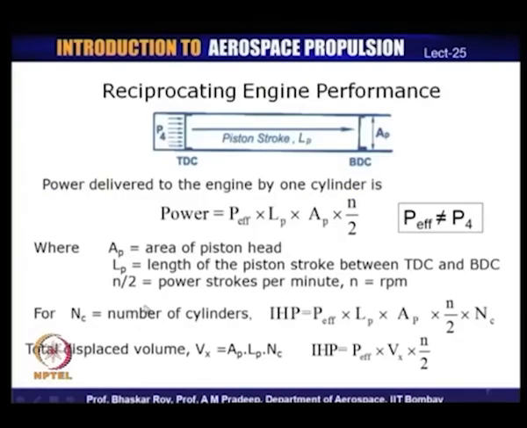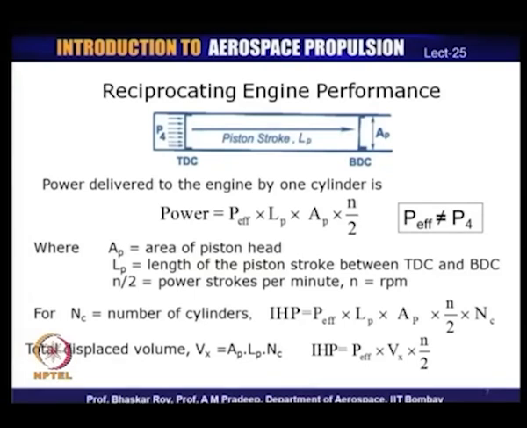If the number of cylinders is given by capital N C, the total amount of engine power created is given, as we know, in terms of IHP, which we call indicated horsepower. Nowadays of course, they are all mentioned in terms of kilowatts, and N C comes in as the last parameter, and hence you get the indicated horsepower, or what we can call a mechanical estimation of the ideal horsepower.